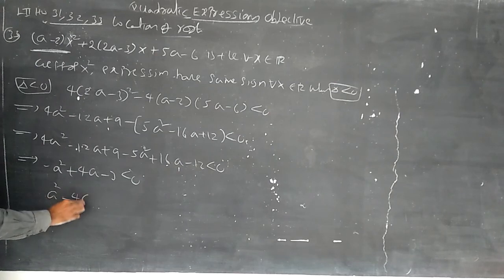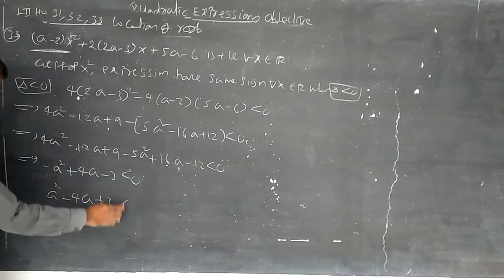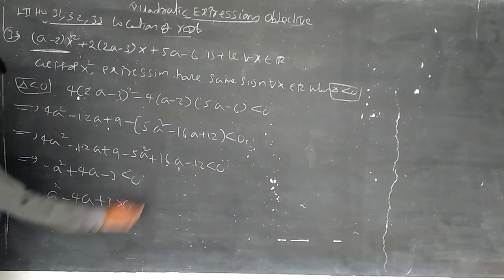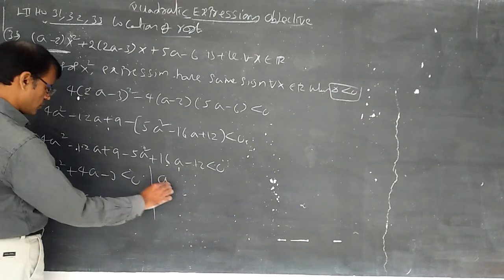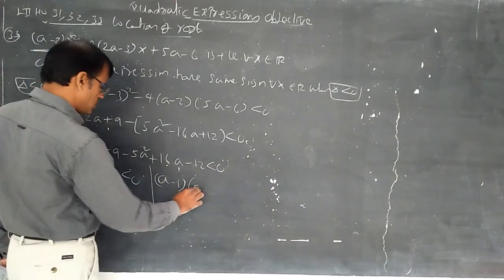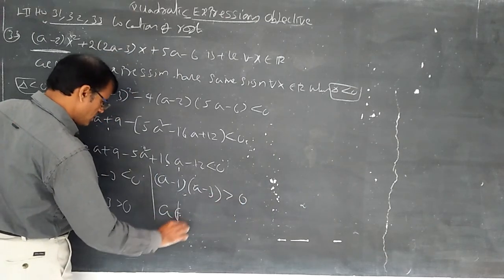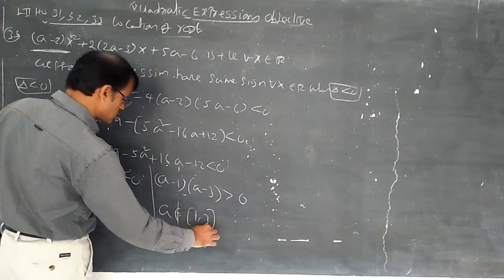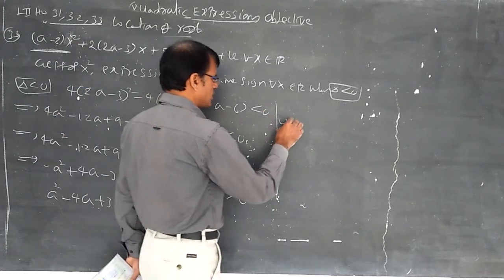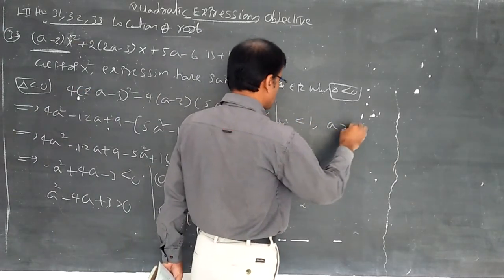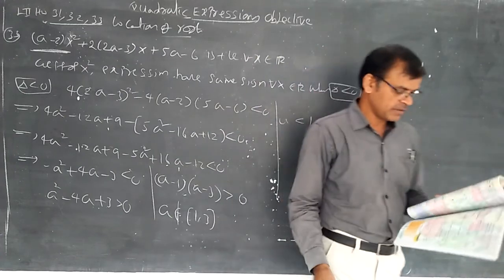Multiply with minus both sides, you will get a square minus 4a plus 3 greater than 0. You can write as a minus 1 into a minus 3 greater than 0. That means a does not belong to 1 comma 3. You can understand this as a less than 1, a greater than 3.